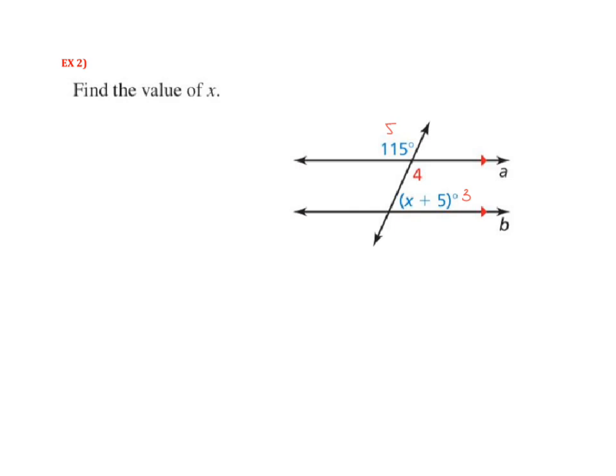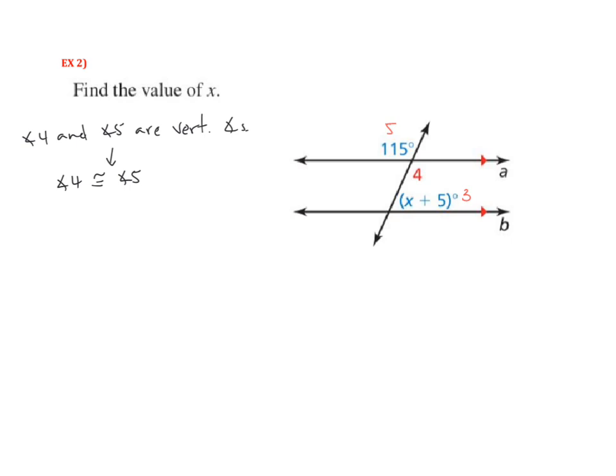It doesn't really matter where you start, but immediately I notice that I have angle 4 and 5, and these are vertical angles. That's the relationship that those two angles have. Because of this, I know that angle 4 must be congruent to angle 5, because that's what we know about vertical angles.